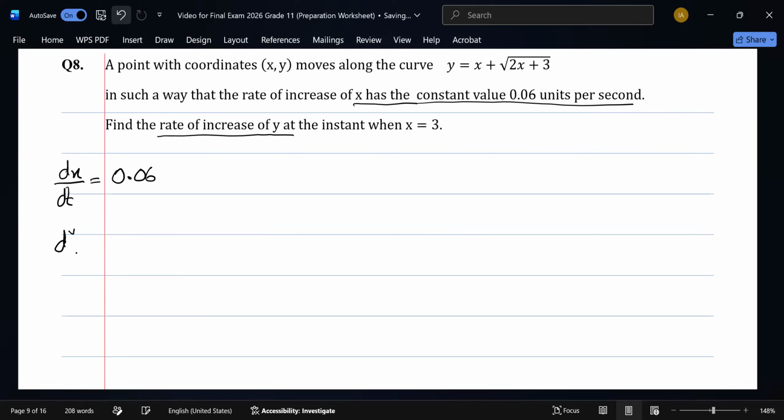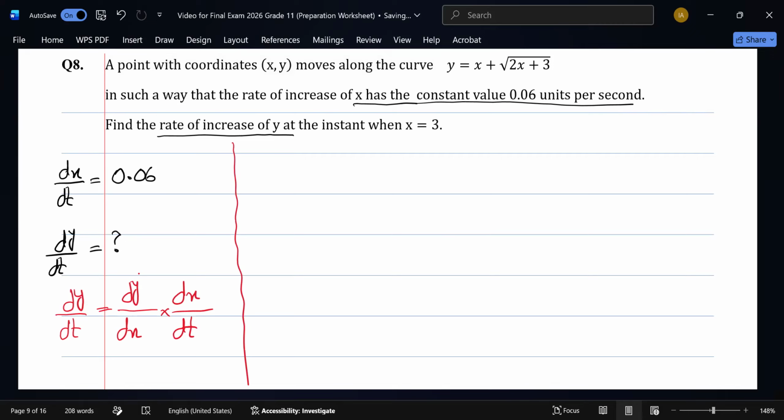Then we are looking for dy upon dt, and the chain rule will be dy over dt equals dy over dx multiplied by dx upon dt. So first things first, get the dy upon dx. For this, we differentiate the equation.